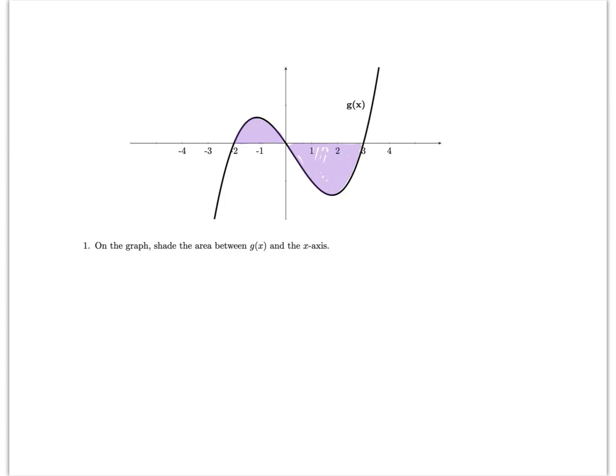And then there's still a little bit more that is not as obvious, but this region here is also between the x-axis and g of x, and this region here. So for all of the graph that's drawn, that is the area between g of x and the x-axis.